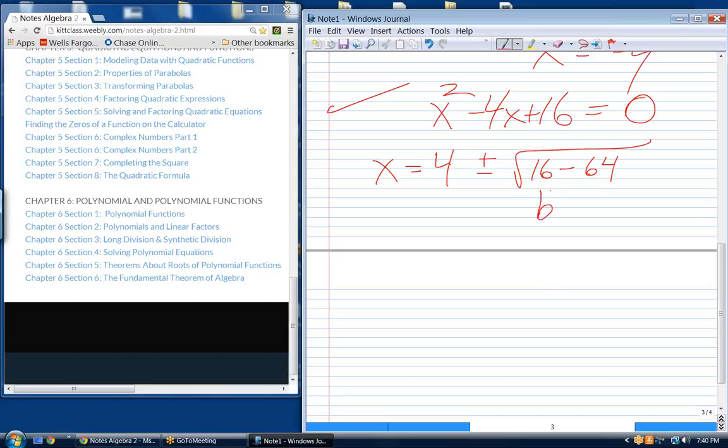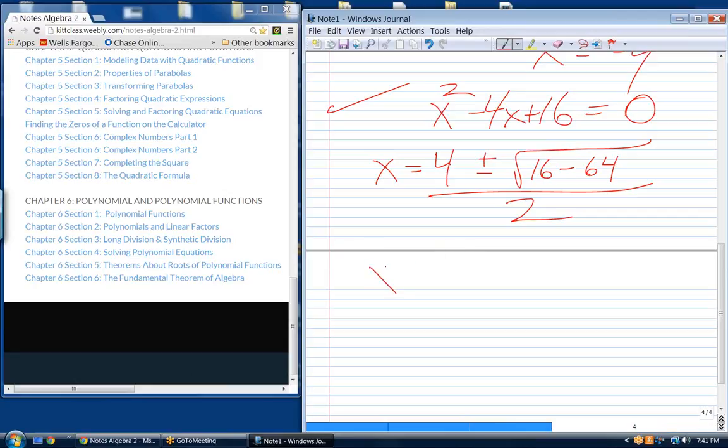In other words, this is b squared minus 4ac. B squared is 16 minus 4 times 1 times 16, all divided by 2a, a being 1.